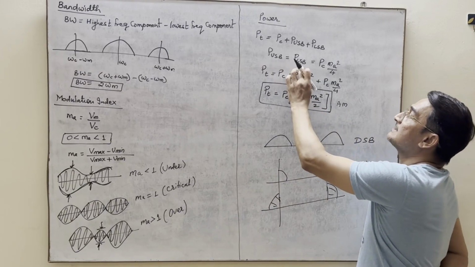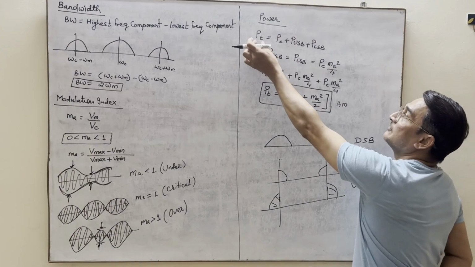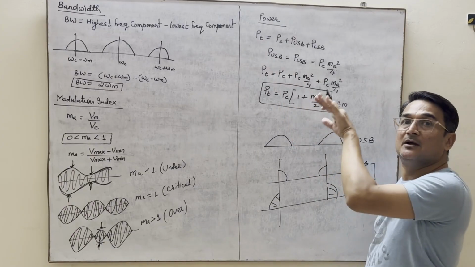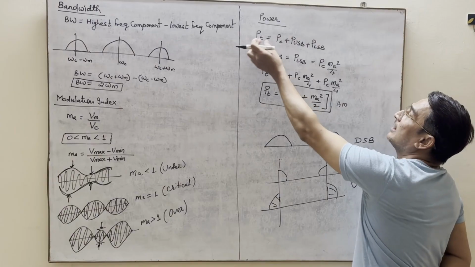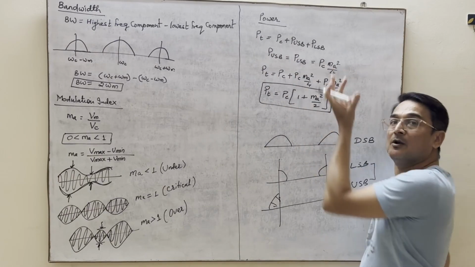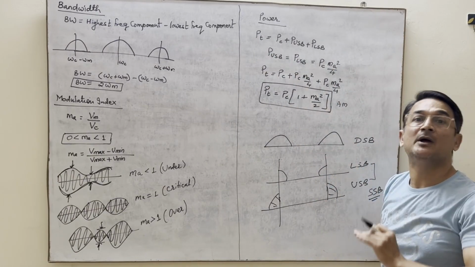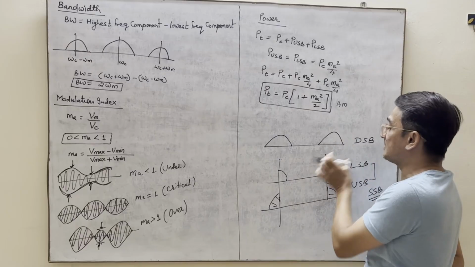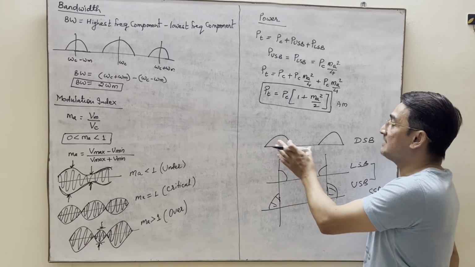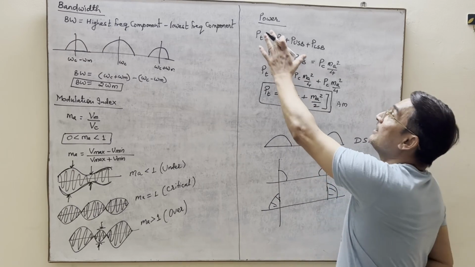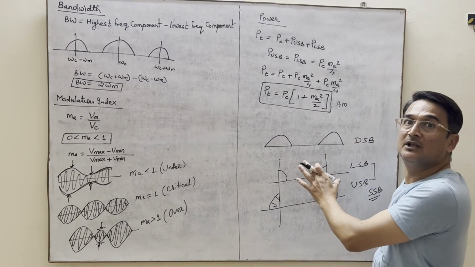In both these sideband methods the power content will be half as compared to DSB, because now the total power is either PUSB or PLSB. That means the power will come half of the DSB. So power content in SSB is further reduced. Anyways, this is just a concept regarding power. That is why I am telling you all this.